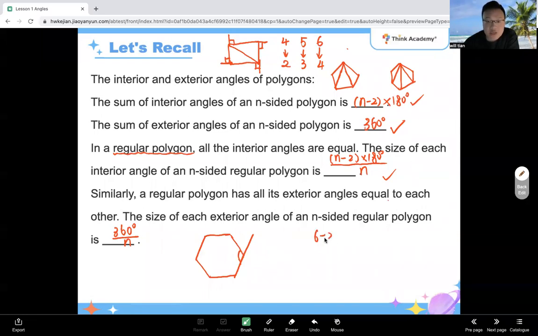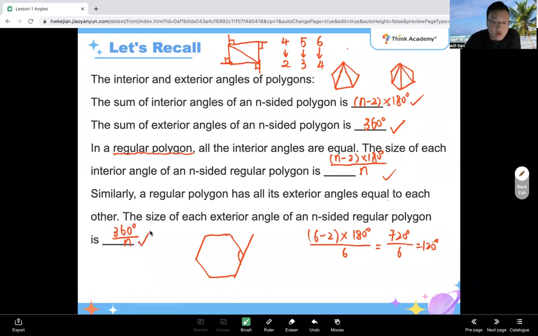So 6 minus 2 in the bracket times 180, and then we divide that by 6, because we have 6 sides. 6 minus 2 is 4. 4 times 180: we know 2 times 180 is 360, and times that 2 again, you get 720 degrees. And then divide by 6, that is 120 degrees.